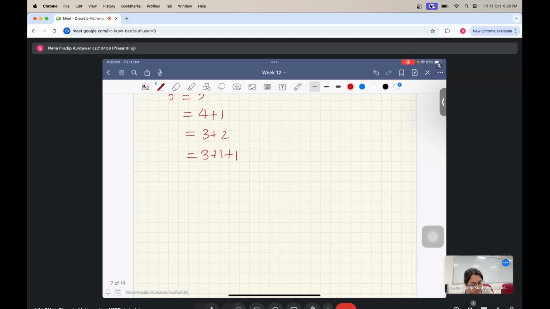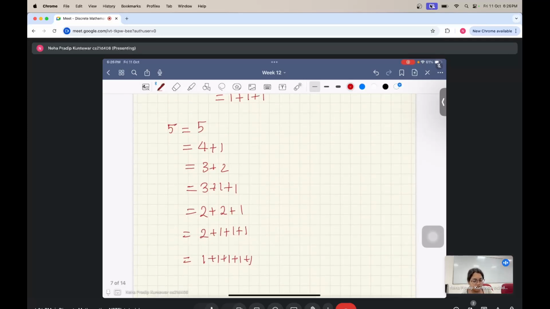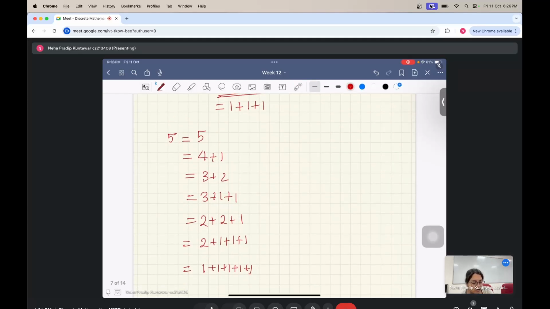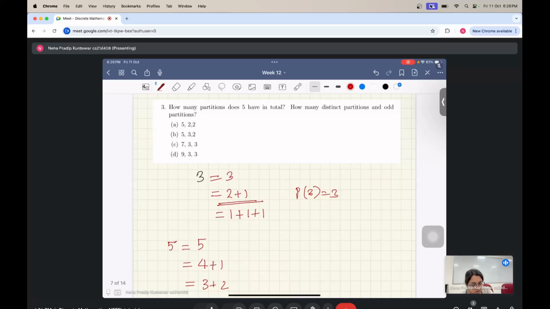Then you can have 2 plus 2 plus 1, or 2 plus 1 plus 1 plus 1, or 1 plus 1 plus 1 plus 1 plus 1. So the total number of partitions here is 1, 2, 3, 4, 5, 6, 7. So the number of partitions that you can have for 5 turns out to be 7.